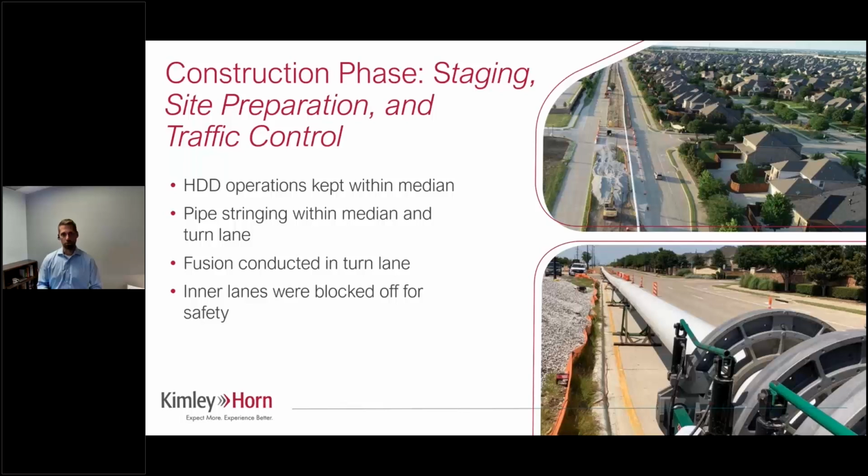They were a little concerned with having their workers within a couple feet of active traffic. And they also had some concerns that, as they're pulling this pipe into the ground, if you had too much bending stress, there was some sort of pipe failure that could cause a risk to some of the passing traffic. So they requested to shut down the lanes of traffic, which ultimately we allowed given the reduced traffic load due to COVID. And that ultimately worked out pretty well. There wasn't any sort of traffic issues for the city.